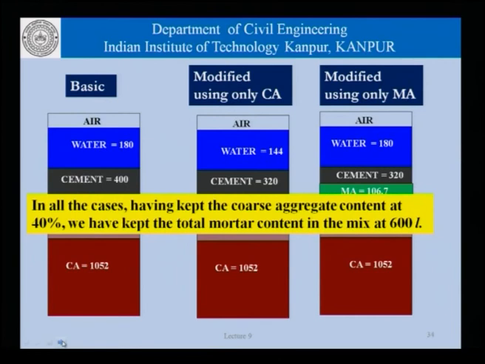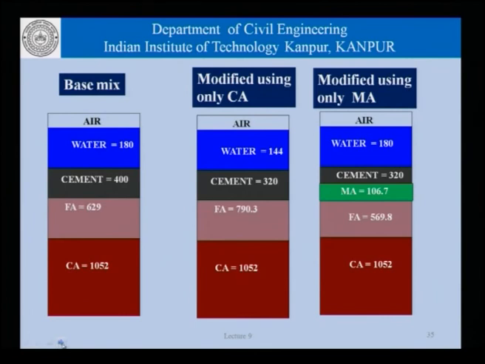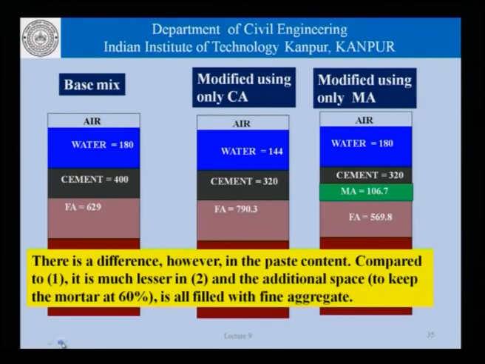In all cases, having kept the coarse aggregate content at 40%, we have the total mortar content in the mix at 600 liters. There is no change in the total mortar content. That is one thing which we must remember. And the second thing is the difference in the paste content. Compared to 1, it is much lesser in 2, and the additional space to keep the mortar at 60% is filled with fine aggregate.